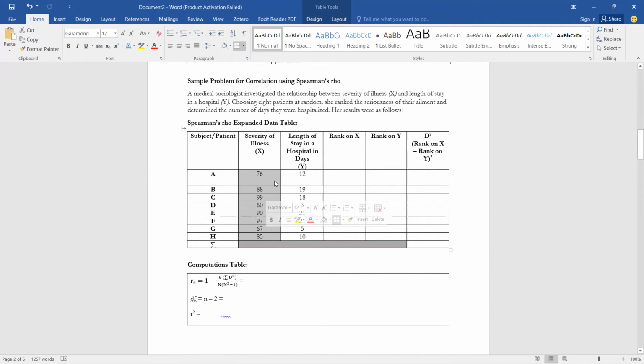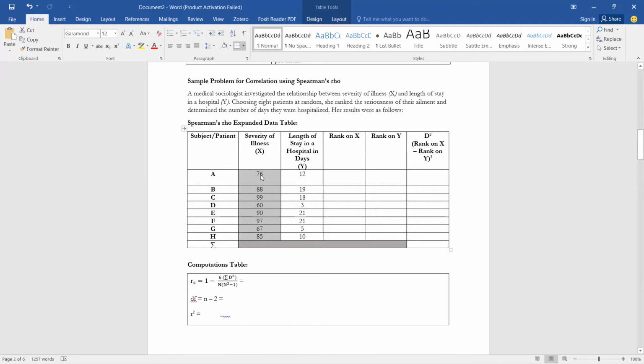Let's say the doctors of the patients were asked to complete a form, and we got hold of the scores on severity of illness. So in Spearman's rho, we need to transform this interval data into rank order data or ordinal data.